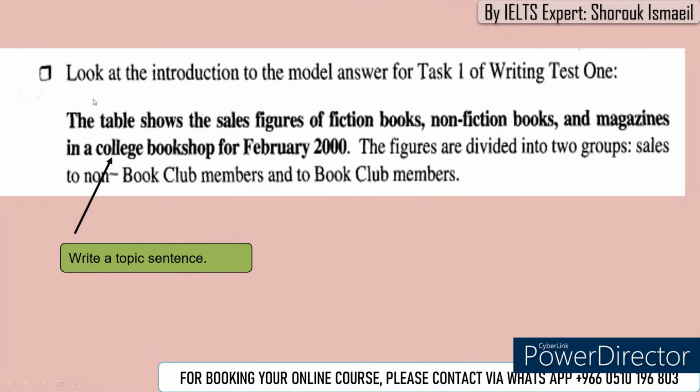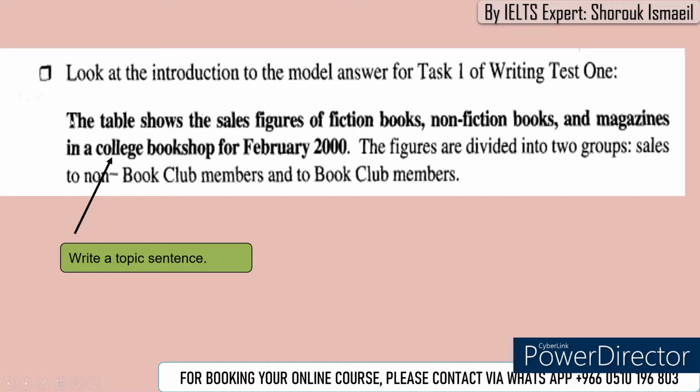Let's take this introductory paragraph as an example. Look at the introduction to the model answer for task 1 of writing test 1. The table shows the sales figures of fiction books, non-fiction books, and magazines in a college bookshop for February 2000.